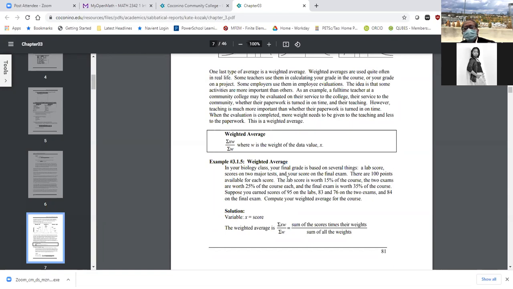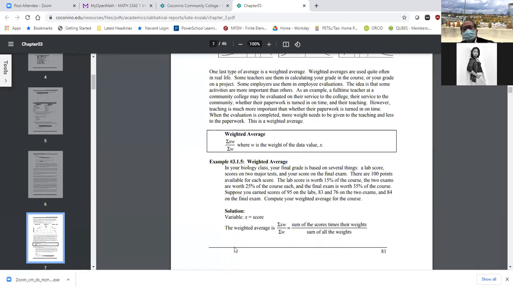For example, the lab score is 15%, the two exams are 25% each, and the final exam is 35%. Suppose you scored 95 on the lab, 83 and 76 on the exams, and 84 on the final exam.